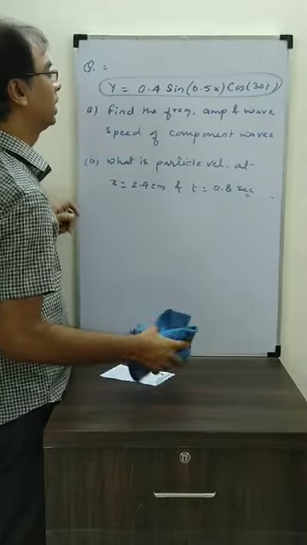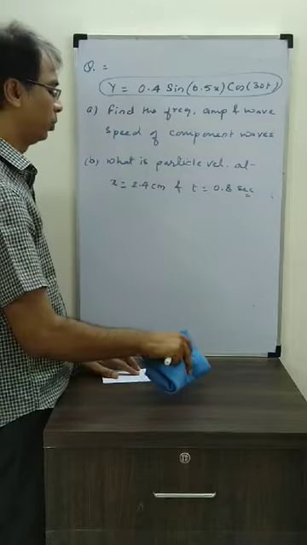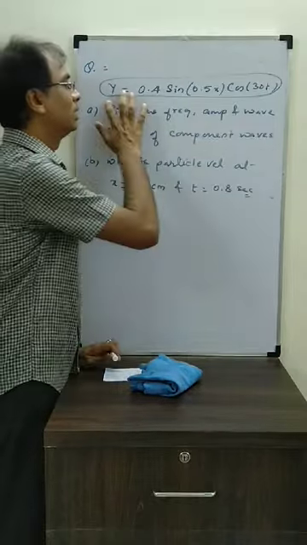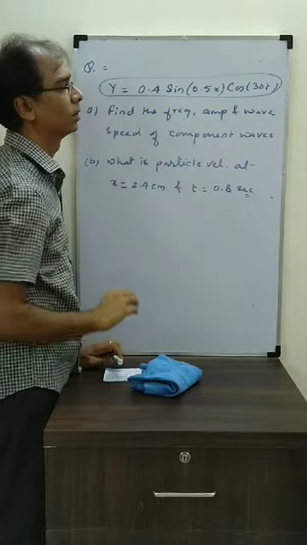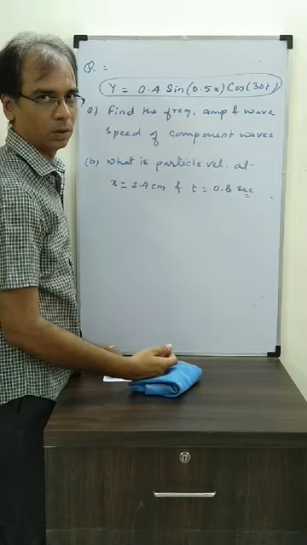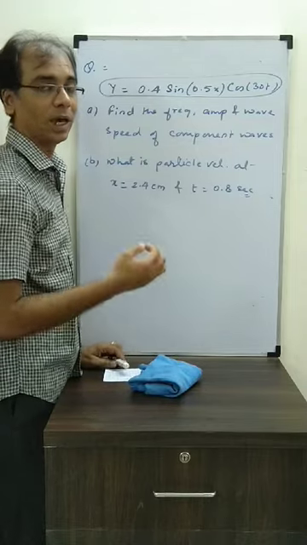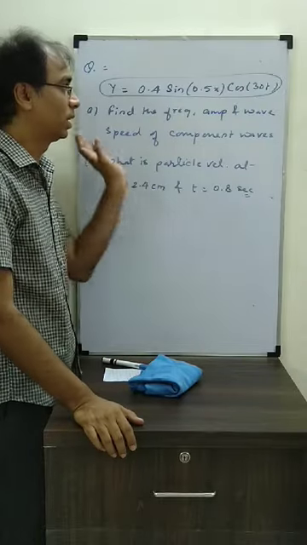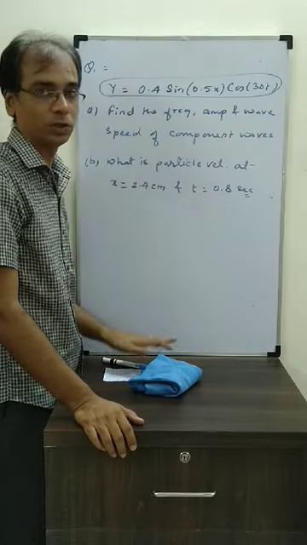What is the particle velocity at x equal to 2.4 centimeter and t equal to 0.8 seconds? Now in this equation of standing wave, where is the position of the particle, and in what direction is the particle moving? That is very important for us to know, otherwise we can get confused because x is also here, y is also here.